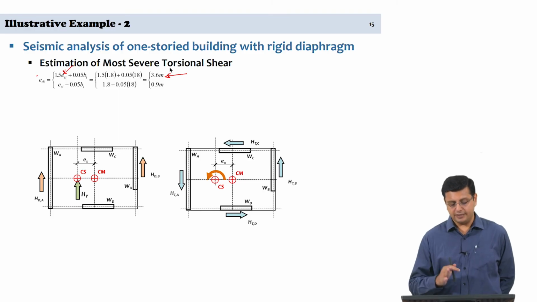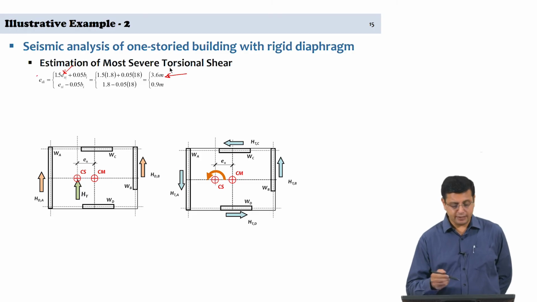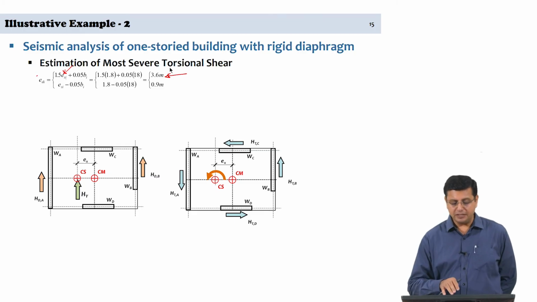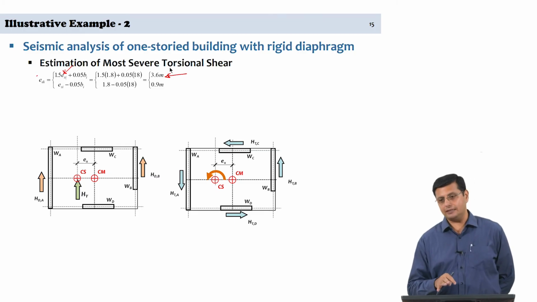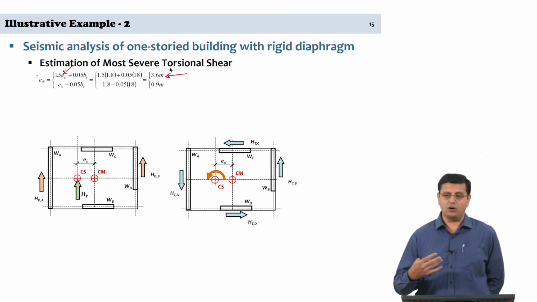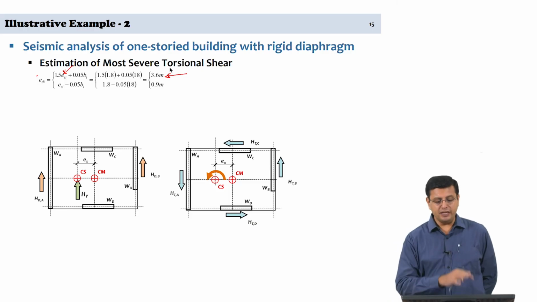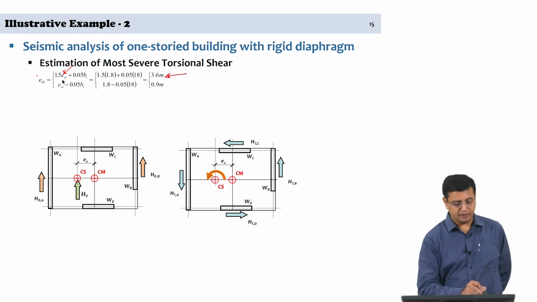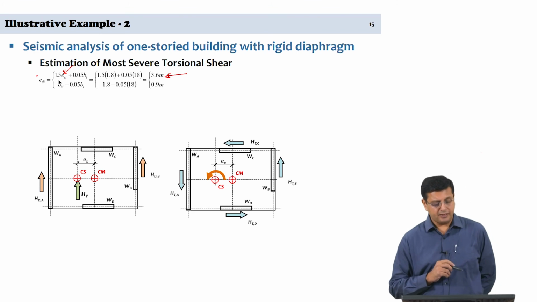The code requires that for each wall that you are considering, you must look at what will cause the most severe situation of total shear. It could be 3.6 in one case, it could be 0.9 in the other case. So, we make an estimate for both. I would like to mention that if you are doing time history analysis, and there is an explicit consideration of the dynamic effects, you need not consider the dynamic amplification of eccentricity, the 1.5 times the static eccentricity that you see here.